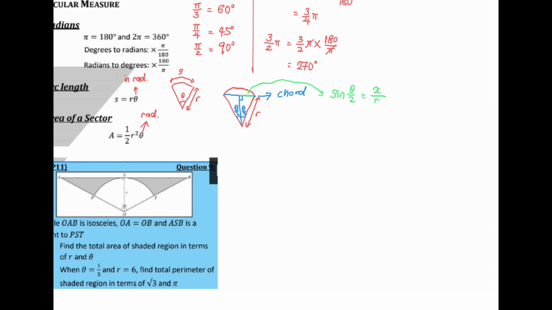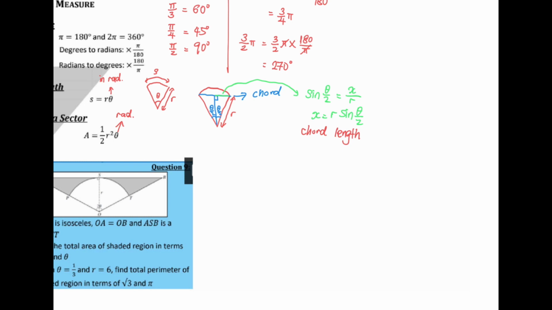And then after that, you can get x equal to r sine theta over 2. And x is just half of the chord length. The chord length is the whole horizontal line, but x is just the green line over there. So because of that, chord length is 2r sine theta over 2. So this is the formula for chord length. So you either memorize it or you try to derive it.